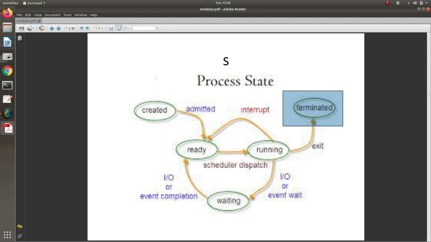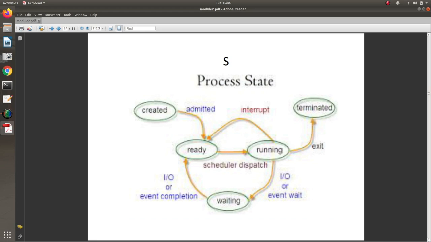So the process has the created state, the ready state, the running state, the waiting state, and the terminated state. For example, if somebody causes an interrupt, it goes into the ready state. If in the running state it needs an input or output, it goes into the blocked state, and once the input or output is given, it moves into the ready state. So this is how a process has different states in its life cycle.